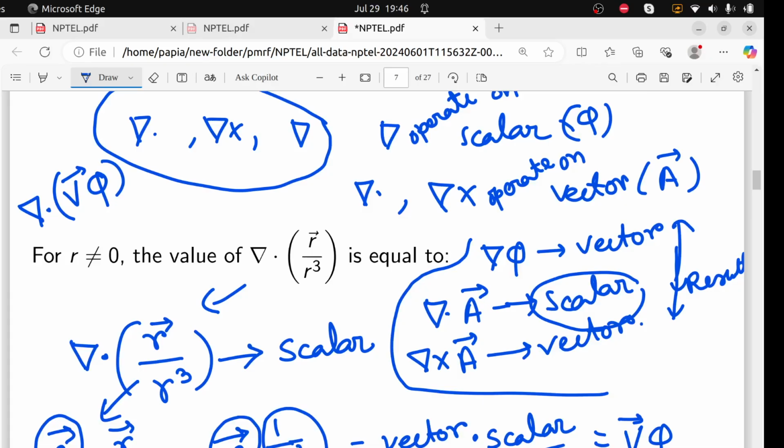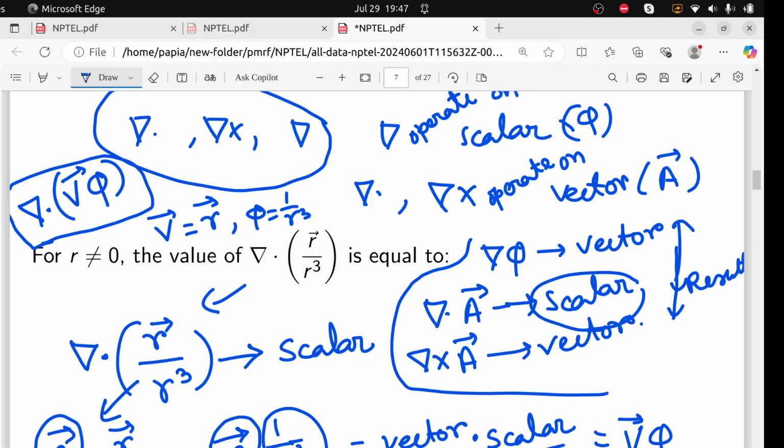Is this fine to everyone? Yes, ma'am. So this is the thing I need to calculate in my question. And here in my case, v vector is nothing but r vector and phi is nothing but 1 by r cube, to be clear.